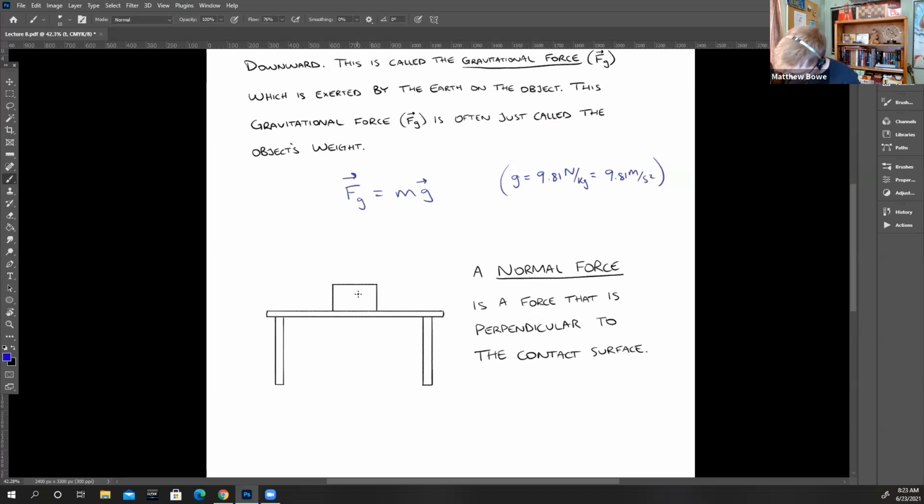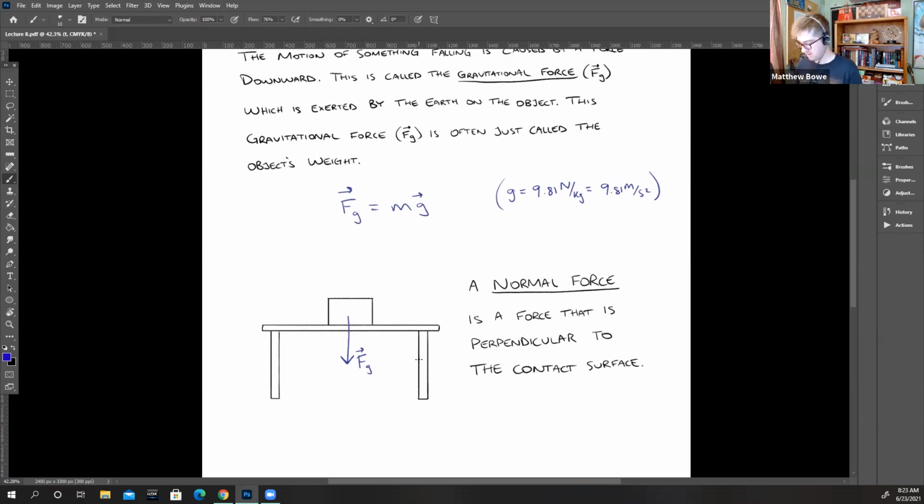So in this case, we have this book, or a block, and it's being forced downward. That's the force due to gravity, like this. And the reason it doesn't continuously move downward is because the table's stopping it. So the table is pushing up. This is the normal force. It is perpendicular to the contact surface.